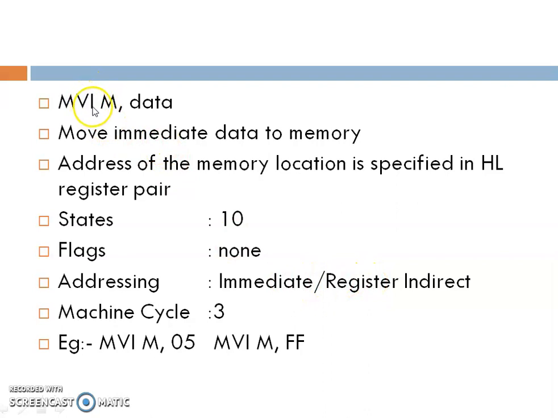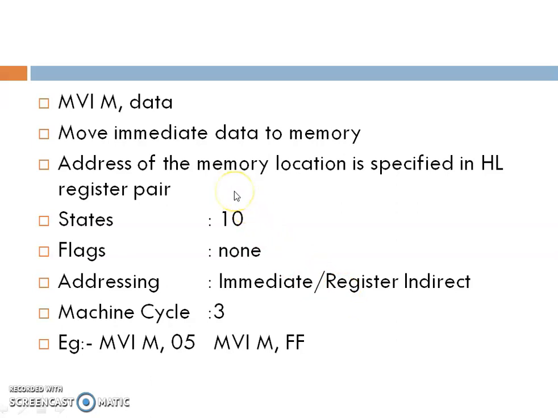Since it is I, the data is specified in the instruction itself, so it comes under the category of immediate addressing. At the same time, the address is specified in the HL register pair. Therefore, it also comes under the category of register indirect addressing. Therefore, both types of addressing we can specify.